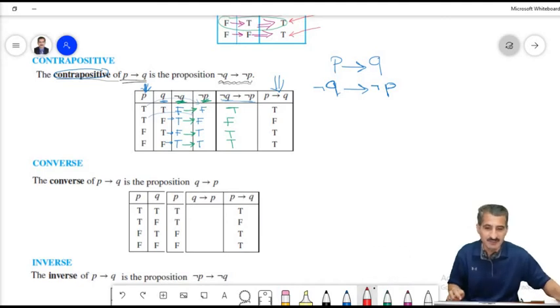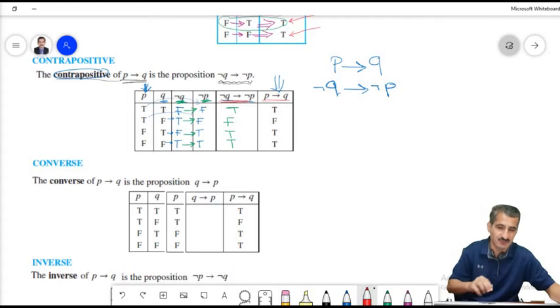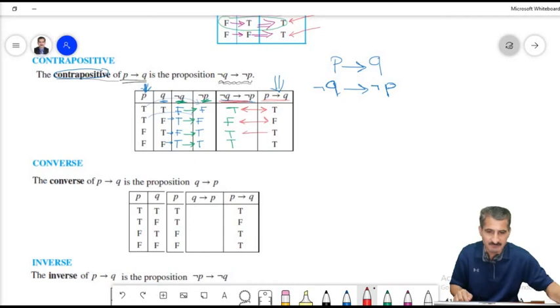Now notice the following. This compound statement, not Q gives not P, and this compound statement, P gives Q, have the same truth values, corresponding to the same truth values of P and Q. Therefore, these two statements, P implies Q and not Q implies not P, are equivalent because they agree on the truth values.